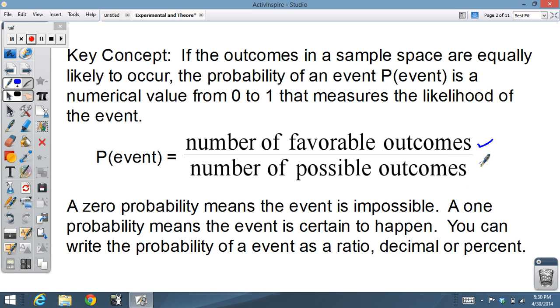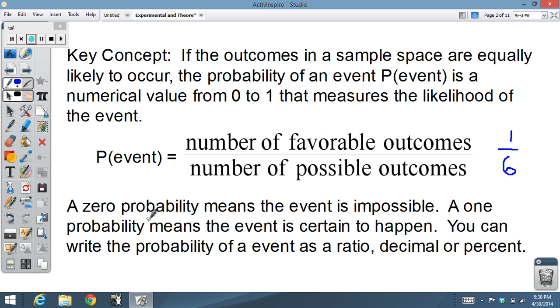So say, for example, rolling dice again, what are the chances of rolling a 3? Well, the only favorable outcome is 3 out of 6 possible outcomes. So for that example, our probability is 1 in 6, your chance of rolling a 3 if you have 1 die.